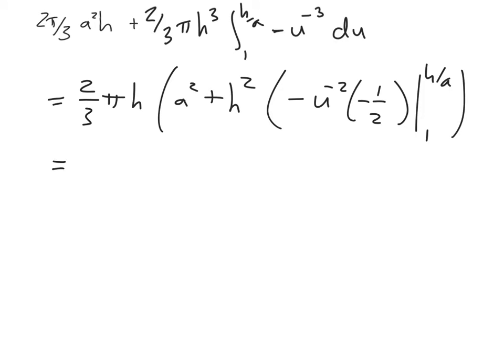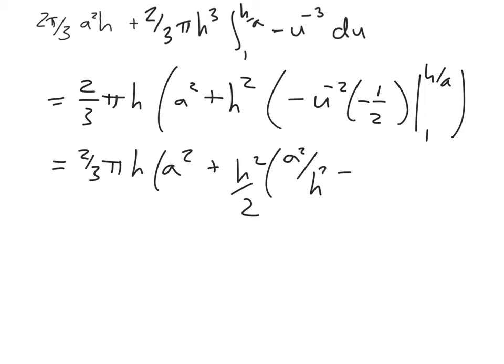Okay, and so we have 2/3 pi h a squared plus h squared over 2. And then the upper bound becomes a squared over h squared minus the lower bound, which is 1.